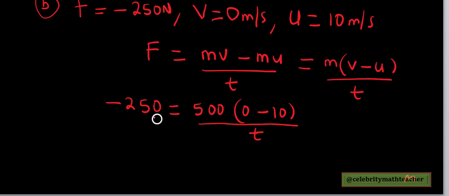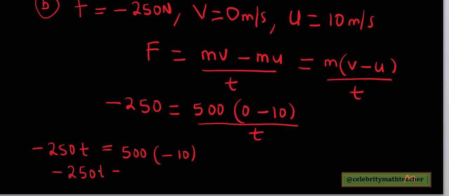Now we will need to simplify this further. If we cross multiply, we have negative 250 t is equal to 500 open bracket, the result here is a negative 10, so negative 250 t is equal to negative 5,000. From here, we can divide both sides by negative 250 to get time.